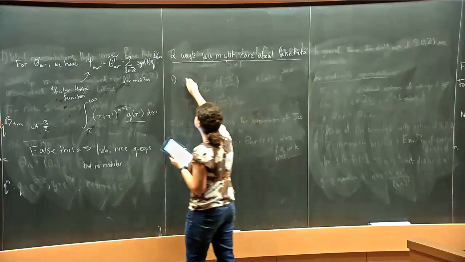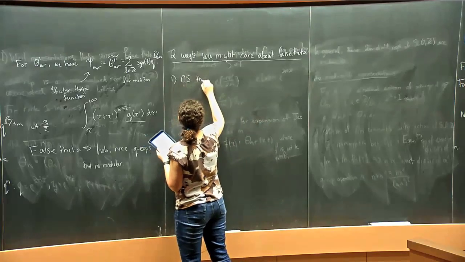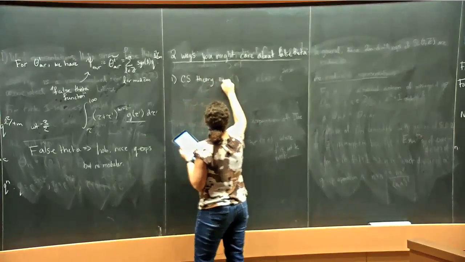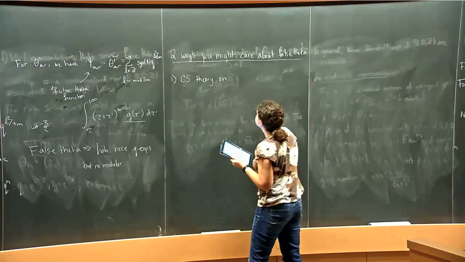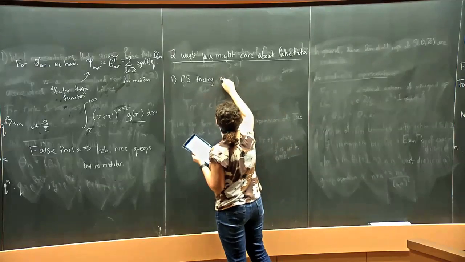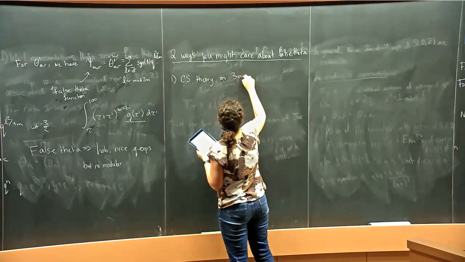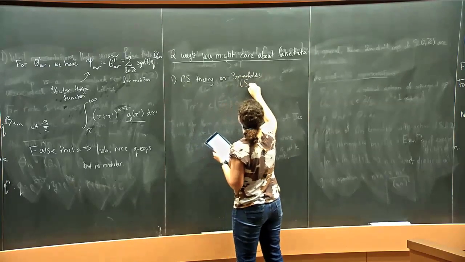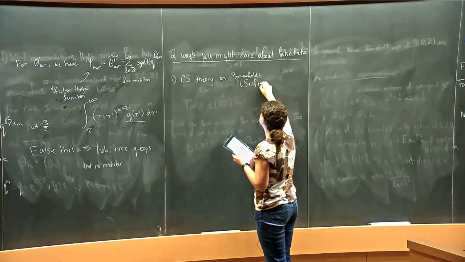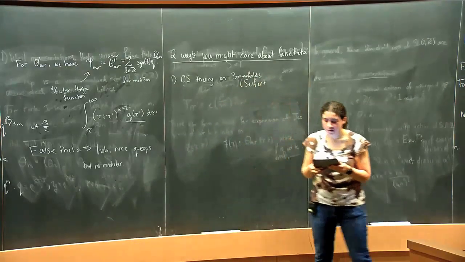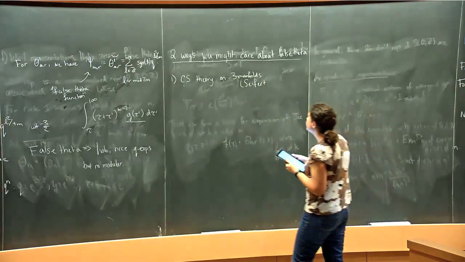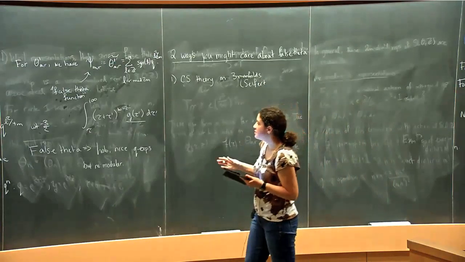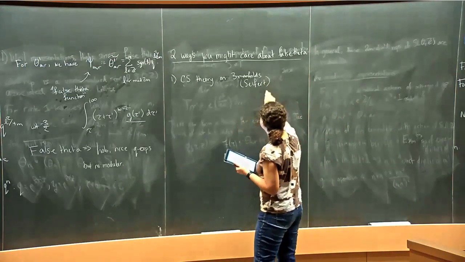The first one has to do with Chern-Simons theory on various kinds of three-manifolds. It turns out that if the manifolds are Seifert, then there's a very natural relation to false theta functions and their generalizations.